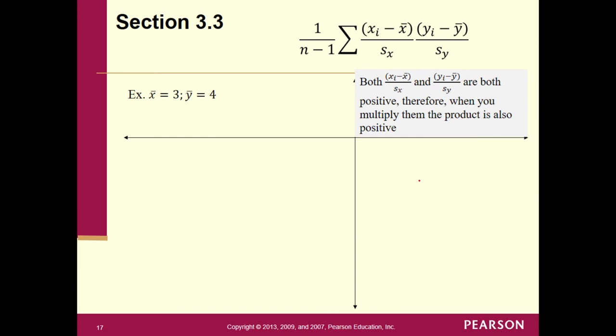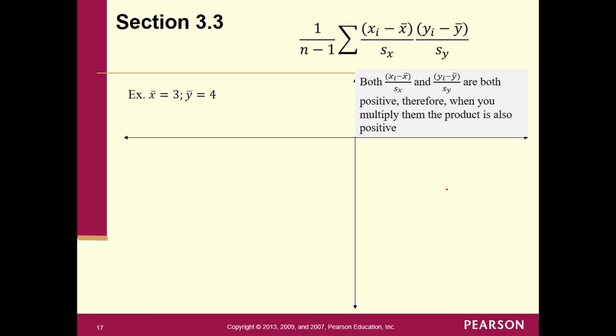If you remember when you used to talk about quadrants when it comes to the origin, you had quadrant 1, quadrant 2, quadrant 3, quadrant 4. Well, if you're up in this quadrant up here, let's read this. If both of these values are positive, when you multiply them, the product is going to be positive.